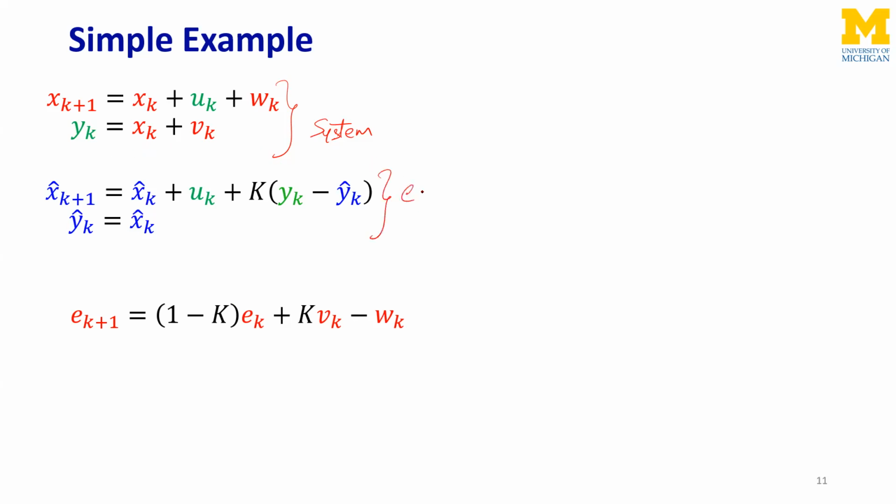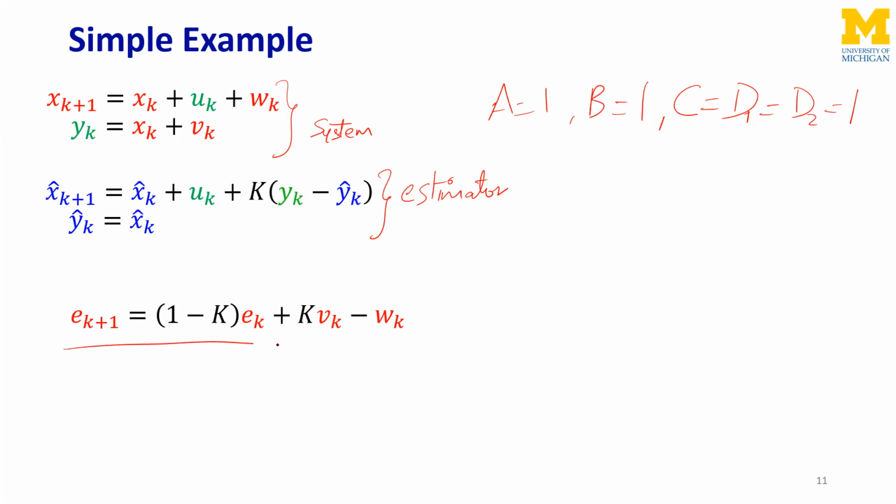This is our estimator. Again, in this case, A is 1, B is 1. Actually, everything is 1. C equals D1 equals D2 equals 1. So we can write the error dynamics for this system, and it just ends up being this.